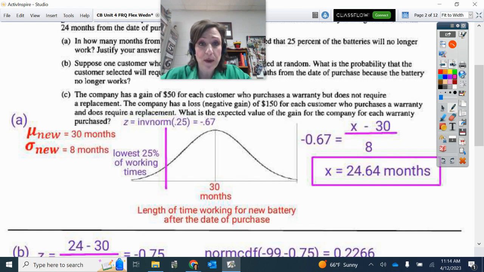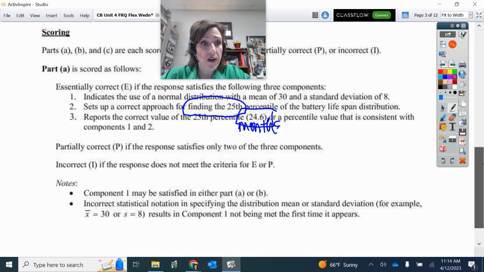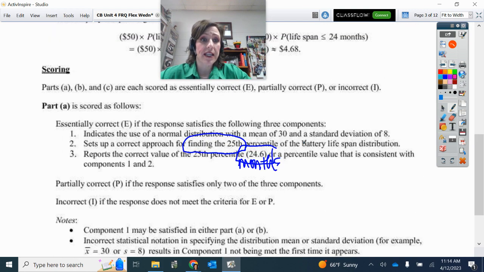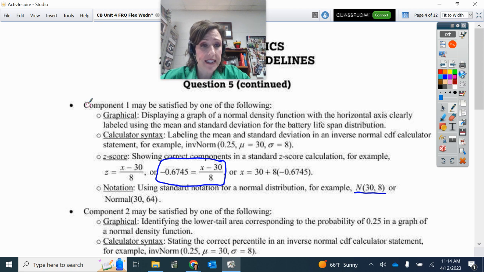So let's look at how people got credit for this problem. First, to get full credit, you had to indicate the use of the normal distribution with a mean of 30 and a standard deviation of 8. There's a couple different ways that you could do that, and we're going to talk about that next.